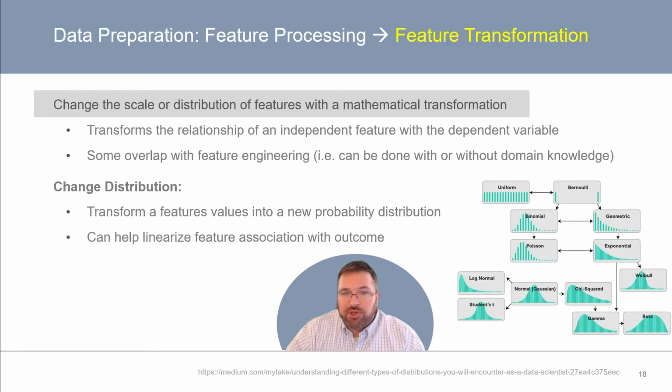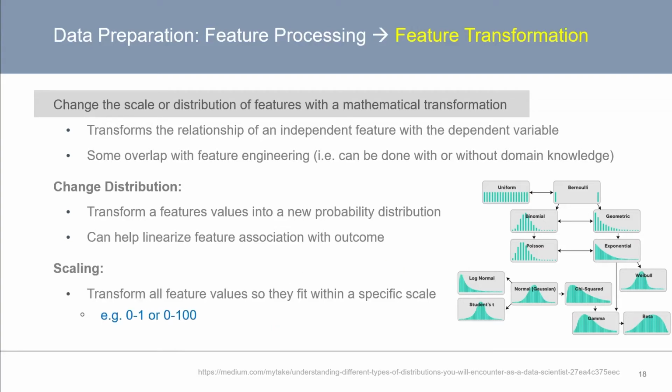Changing the distribution of a feature can help to linearize a feature's association with outcome, making the relationship easier to model for simpler machine learning methodologies. Another goal of feature transformation is scaling. Here, the goal is simply to transform all feature values so they fit within a specific scale, for example, between the values of 0 and 1 or 0 and 100. Let's take a closer look at scaling as a goal of feature transformation.